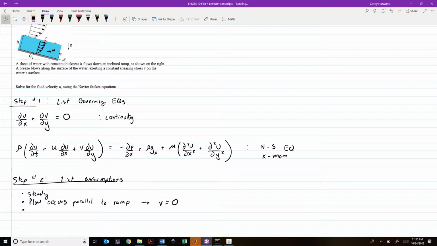we could show it more rigorously, but the fact that the water is exposed to the air, it's a free surface on top. This means that everywhere on the top of this sheet of water, the pressure is atmospheric. And so if the pressure is atmospheric everywhere on top along the x direction, that means it's constant. There's no pressure gradient at the top.